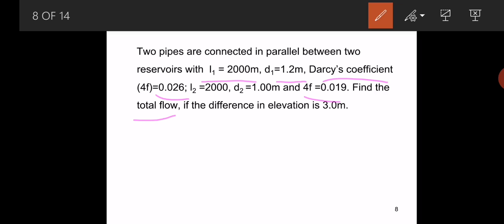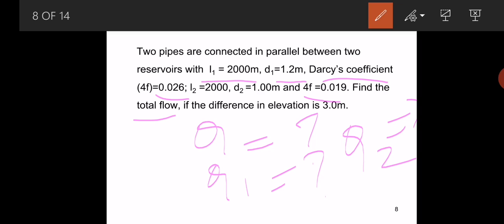So he has given L1, D1, 4f1 and L2, D2, 4f2. He asked for the total discharge Q. So we have to calculate Q1, the discharge through pipe 1, and the discharge through pipe 2. These pipes are connected in parallel, so Q is equal to Q1 plus Q2.